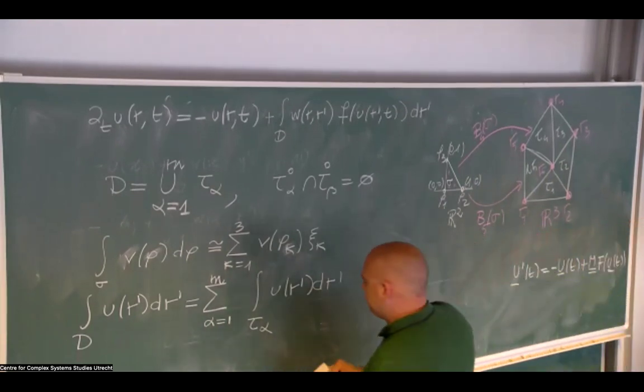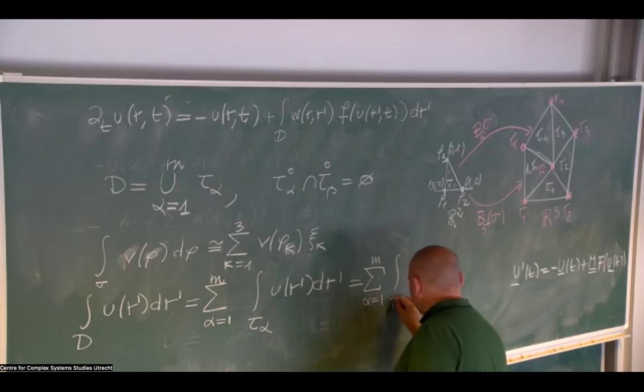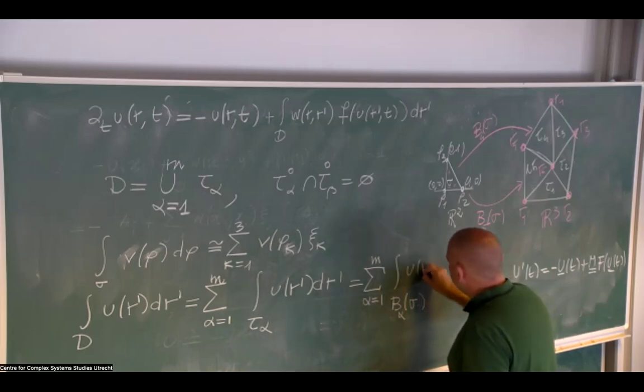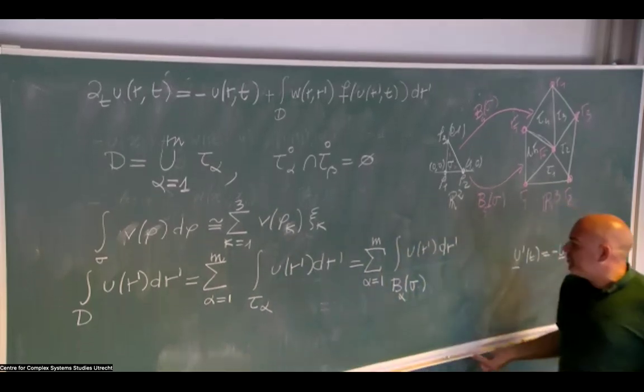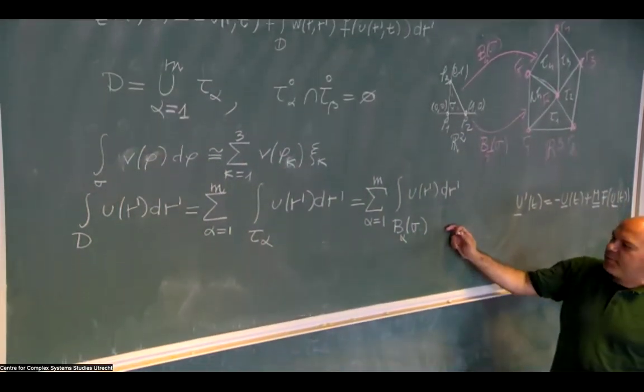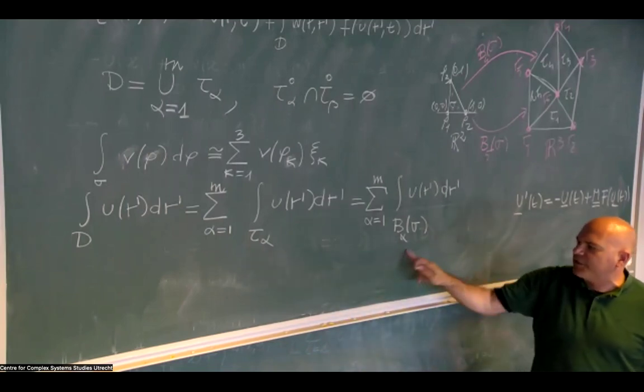So when I do this, I can say this one can be written like that: the integral over B alpha of sigma, U of R prime, dR prime. Still, no approximation has happened so far. I've just written down tau alpha as the image of this transformation.